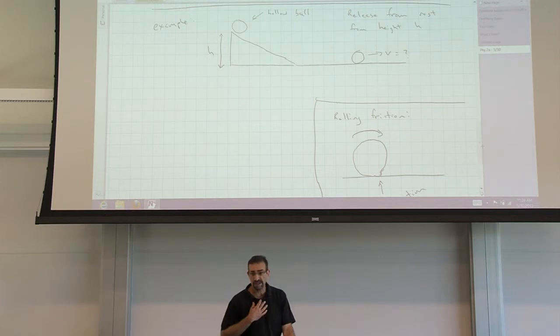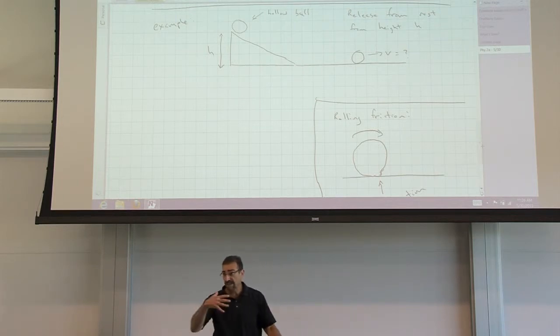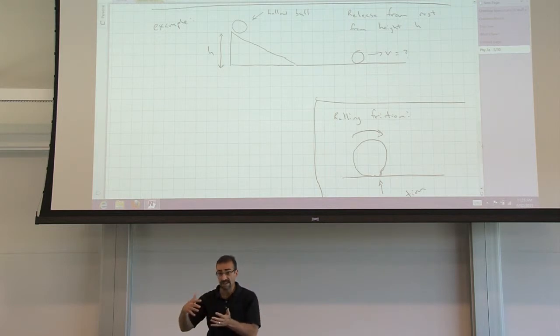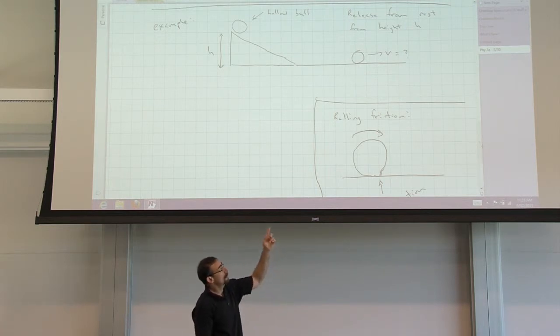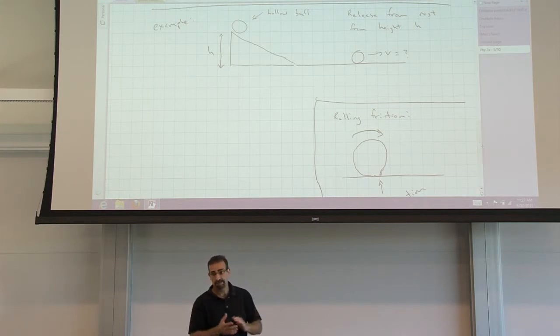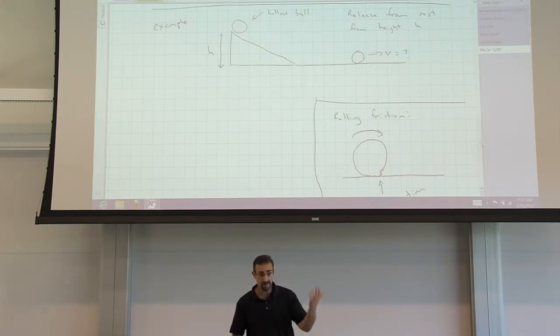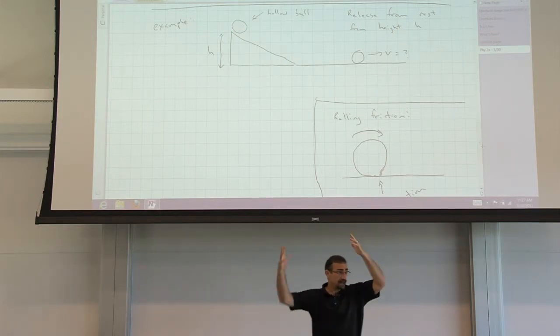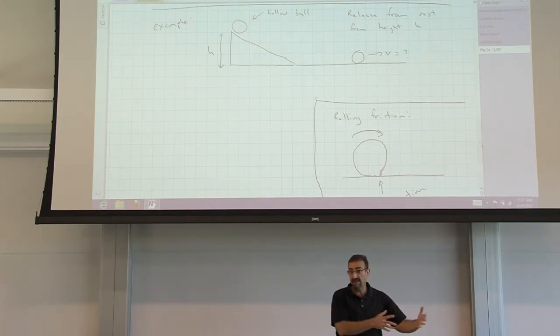So as far as we're concerned, there has to be some friction on that surface for the wheel to roll, or the ball, or whatever it is. Otherwise, it's not going to roll. It'll just slide with no friction. But we don't lose any energy to that. Okay? So this is an energy problem, right? We've got it starting out at some height. It comes down. It's moving. It's an energy problem.